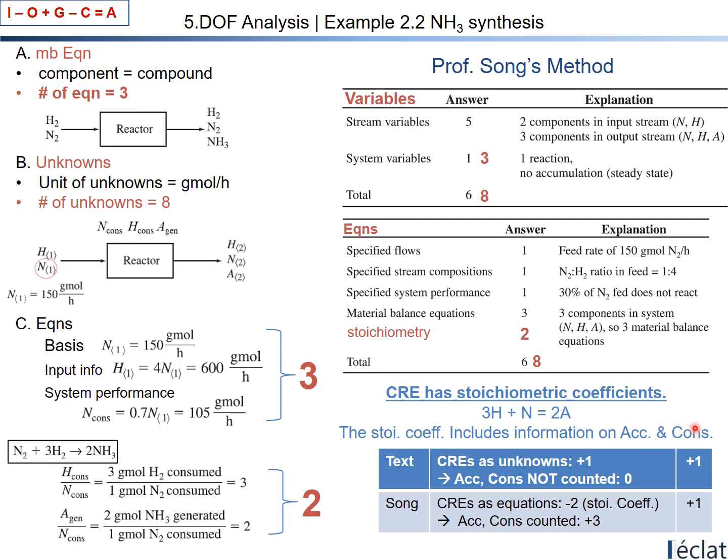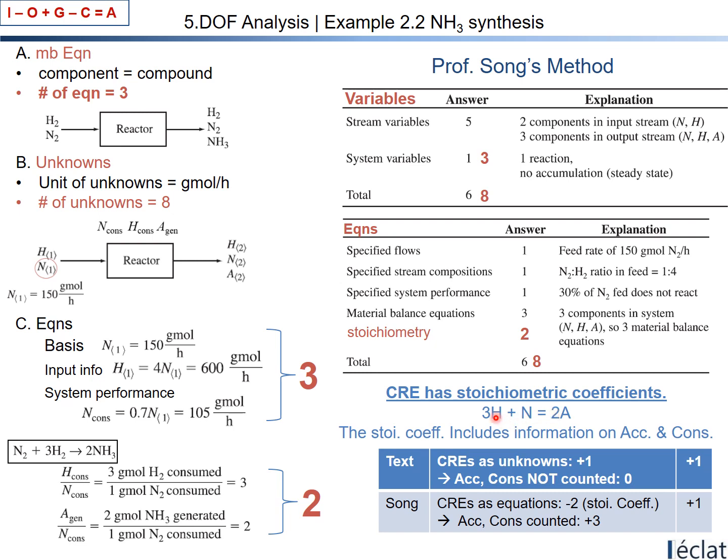I have said that in these equations. So in my method, or Song's method, chemical reaction equations are considered as the equations or restricts, actually stoichiometric coefficients. So in this case, we have two restricts, right? I mean, we could find two restricts from this chemical reaction equation.